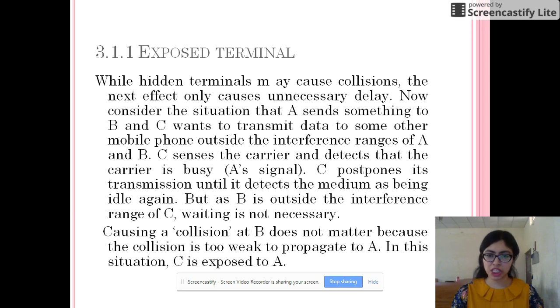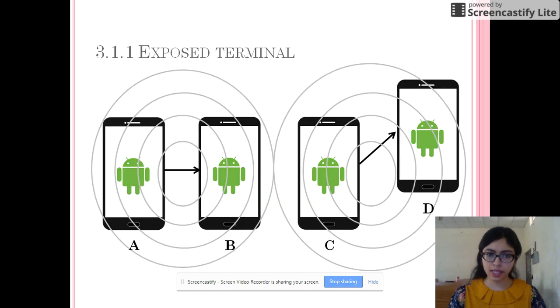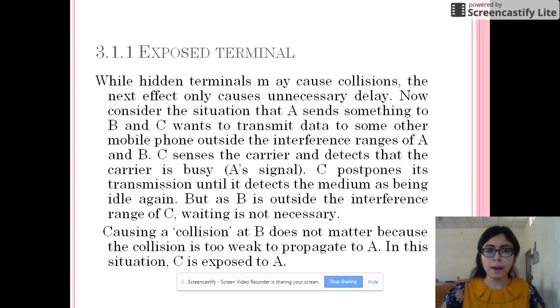Now consider the situation where A sends something to B and C wants to transmit data to some other mobile phone outside the interference range of A and B. Here, A is trying to send something to B and C is trying to send something to D, but C has a different interference range from A and B. C senses the carrier and detects that it is busy as A's signal is propagating. So C postpones its transmission until it detects the medium as being idle again.